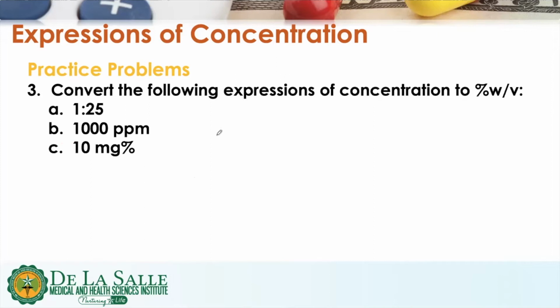How about these? We will need to convert the following expressions of concentration to percent weight in volume. Now, we have already shown how to convert this ratio 1 is to 25 to percent weight in volume, assuming that this is also a ratio that is in weight in volume.